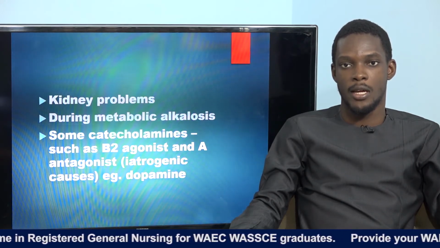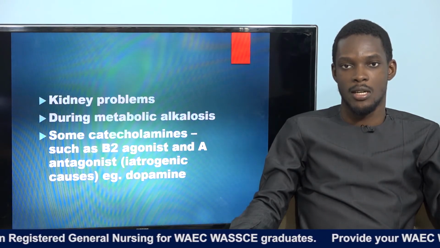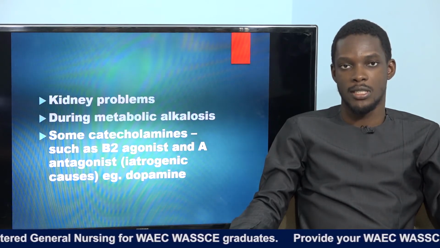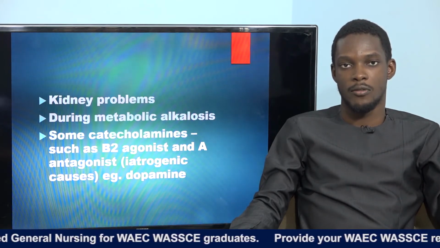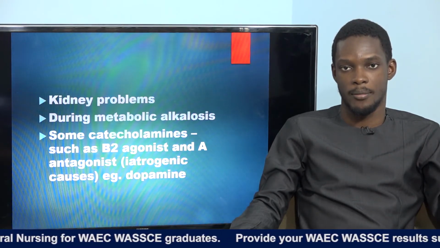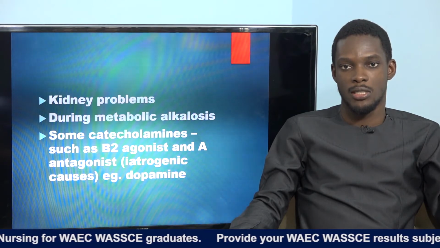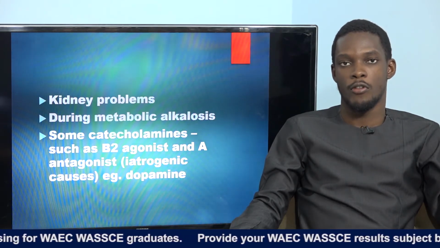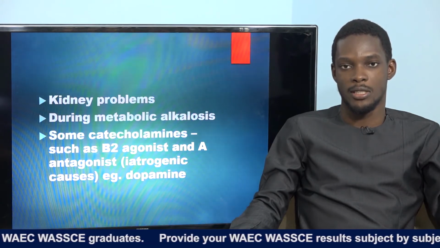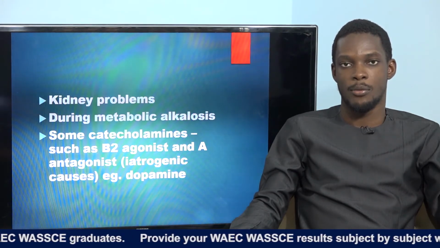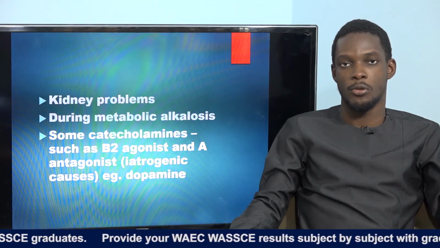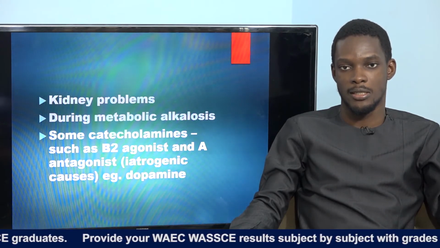And iatrogenic causes refers to causes of disease that result from medical treatment or medical therapy. Iatrogenic causes like prolonged use of beta agonists or alpha antagonists may result in hypokalemia. You will learn more about this as you do your pharmacology lectures.